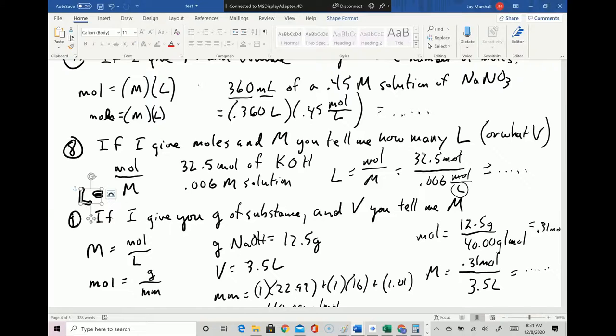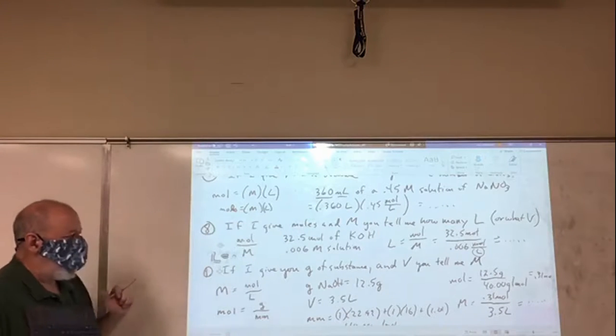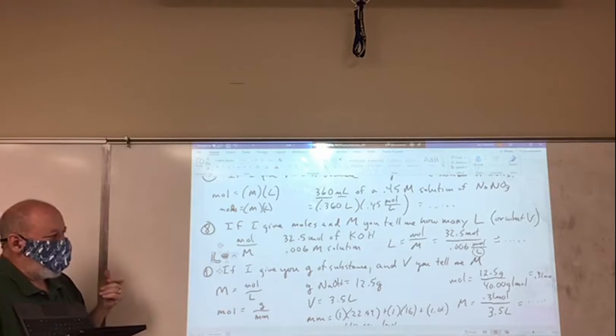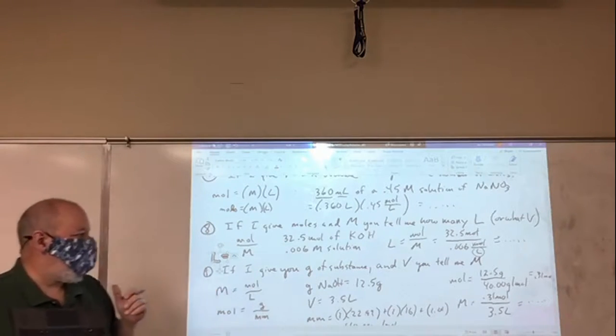All of these 8 skills are skills that are embedded in more complex problems in the laboratory. And you have to be able to show me that you know these skills, and that's the basic thing. But then you also have to be able to show me that you can use these basic skills when they're embedded in other types of problems.